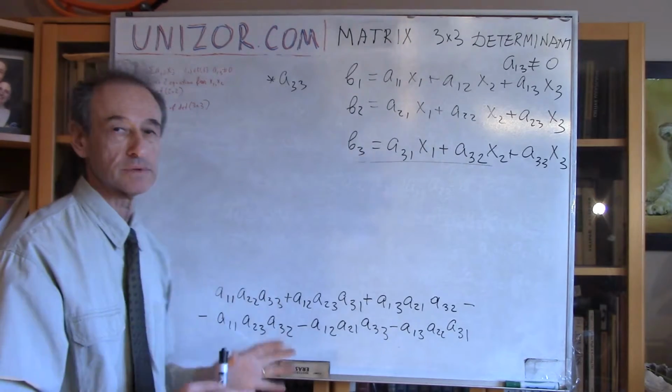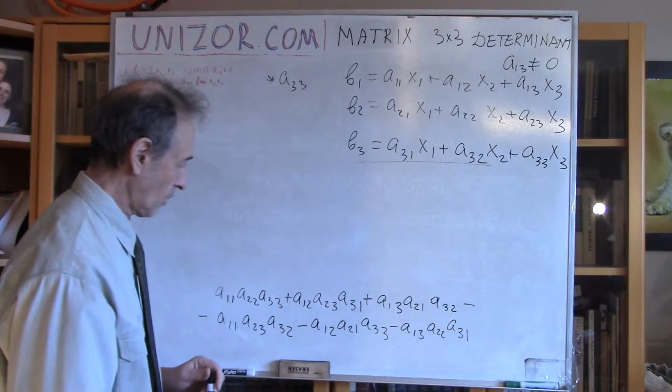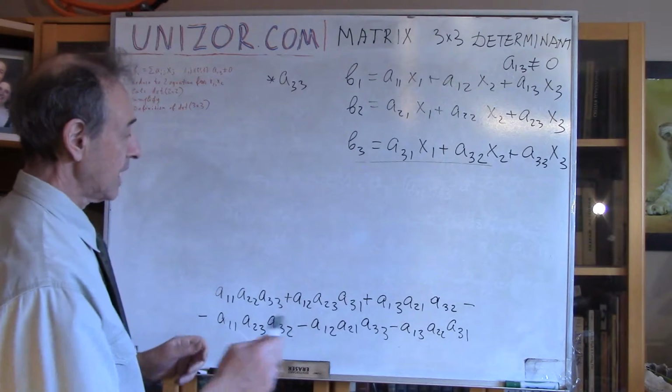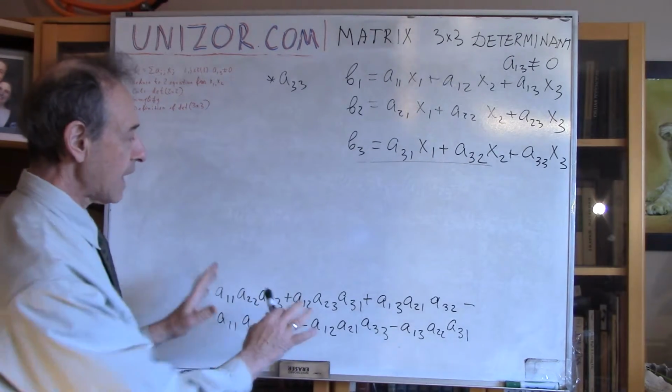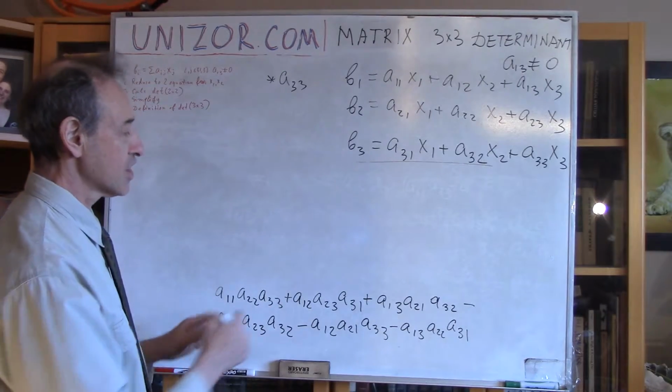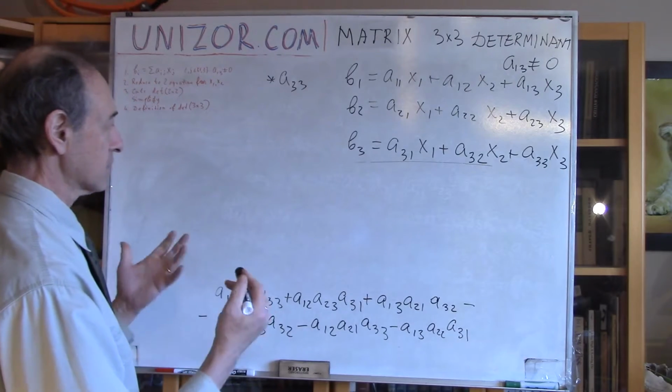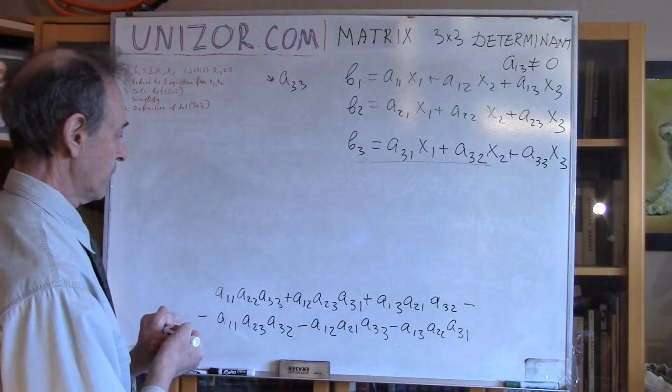It looks a little bit, well, cumbersome, complicated. However, I would like to show you the geometry of this thing. That would make it easier to understand how it's all done.